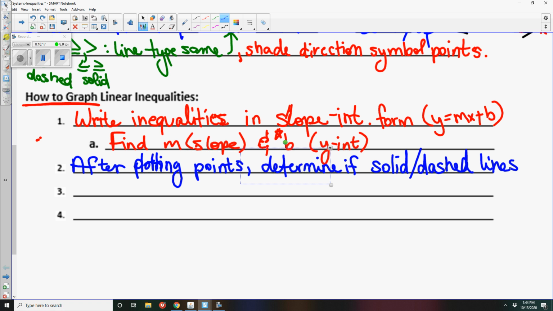What are you going to have to decide after that? Shade. You got it. Determine where to shade, and shade it. So you shade above if it's greater than, shade below if it's less than. And now you have both your inequalities graphed.